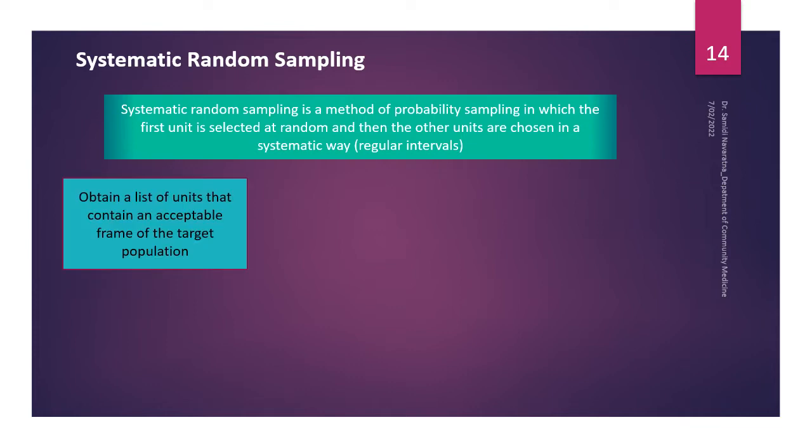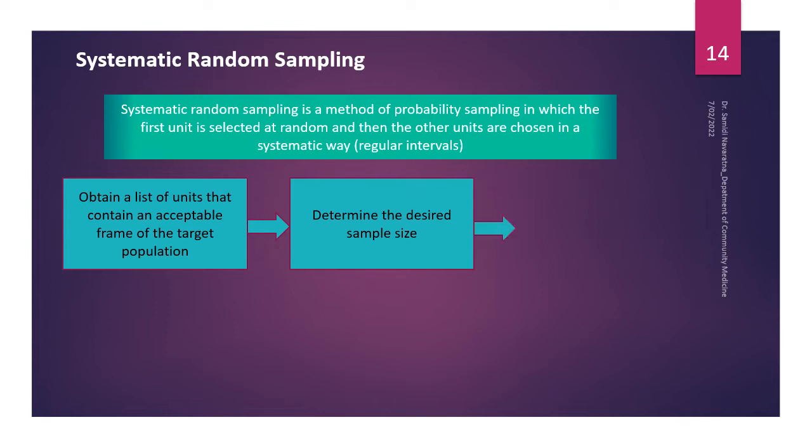First, obtain a list of units that contain an acceptable frame of the target population. It does not have to be a full one like in simple random sampling. And then determine the desired sample size using whatever formula is acceptable for that kind of study design.